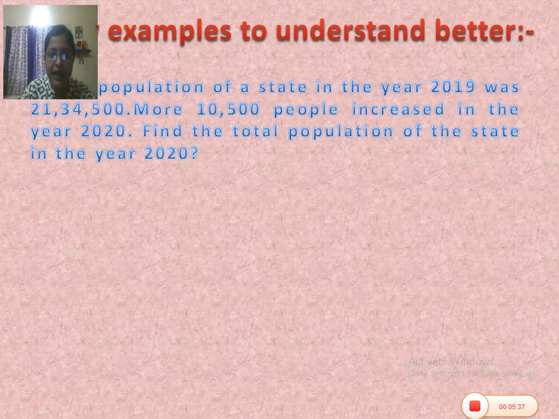So here we have question number 3. It reads, the population of a state in the year 2019 was 21,34,500. 10,500 more people were added in the year 2020. So find the total population of the state in the year 2020.